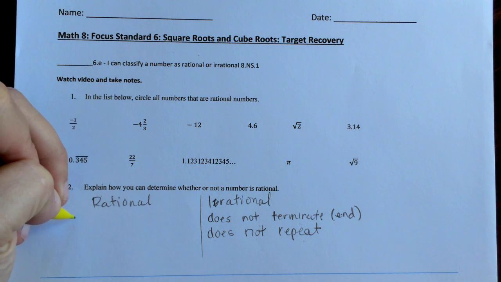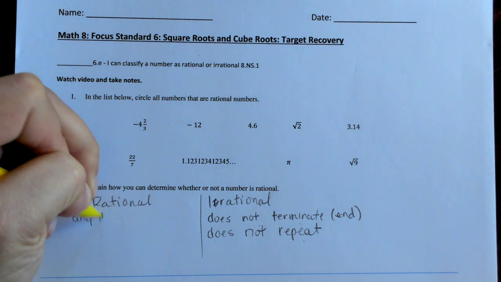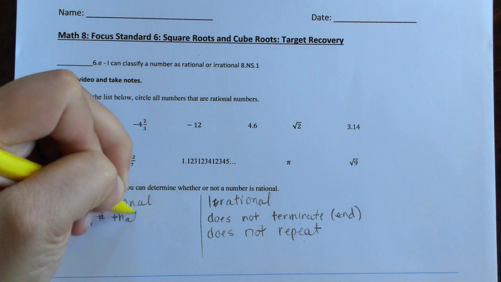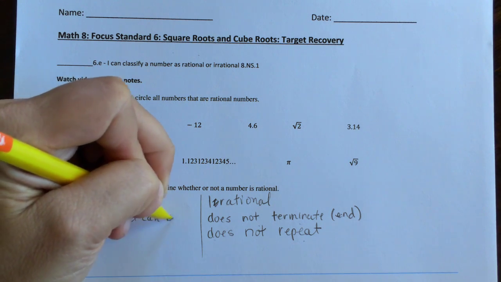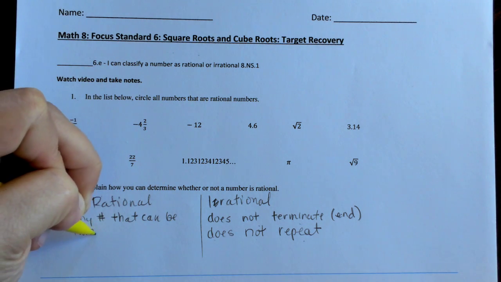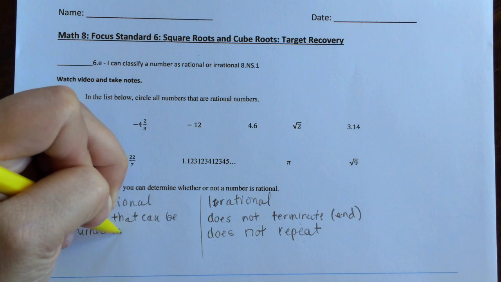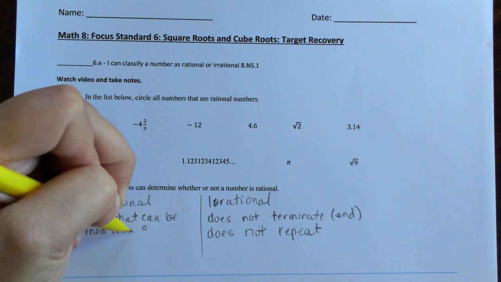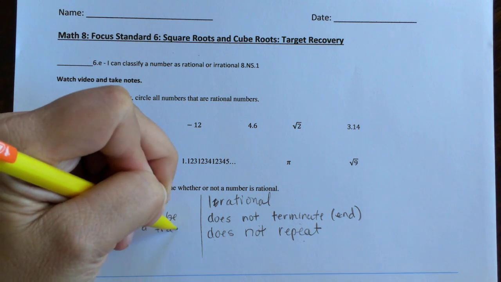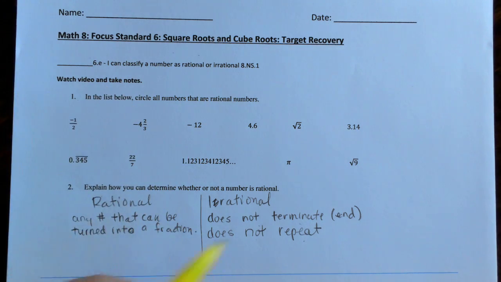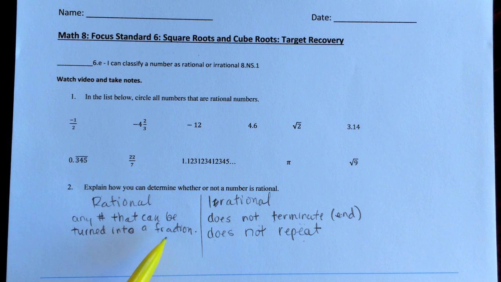So a rational number is any number that can be turned into a fraction. That means a non-terminating decimal cannot be turned into a fraction, right?